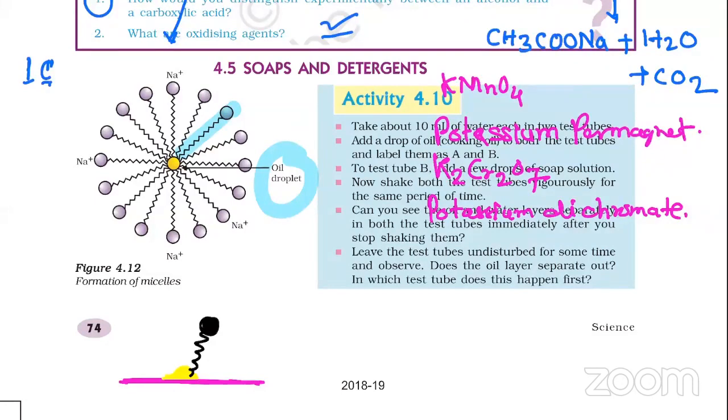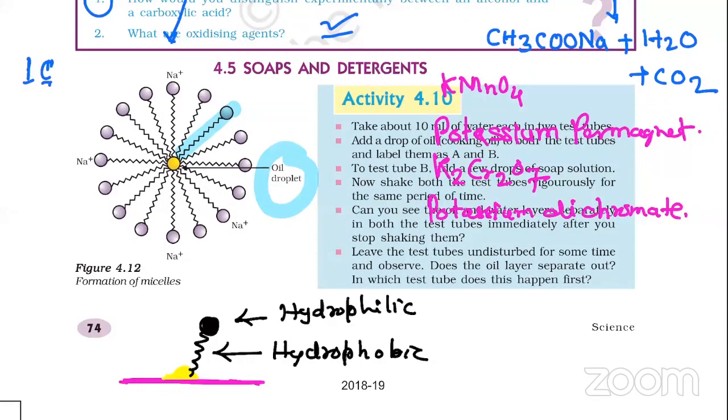The tail is hydrophobic and the head part is hydrophilic. Many soap molecules will come and hold this oil droplet with their tails.